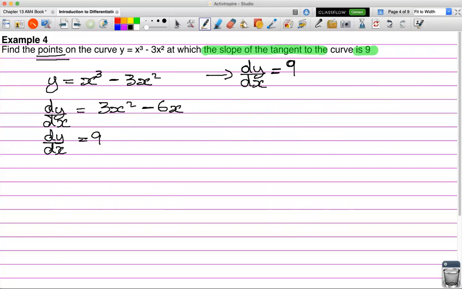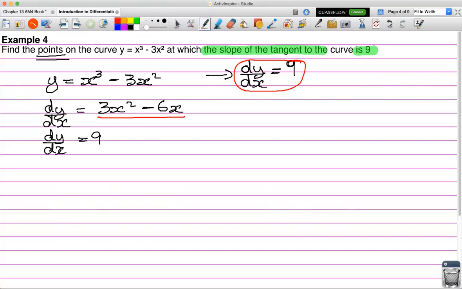How do we know that? Well, because we were told it over here. Dy dx is equal to 9. We also know dy dx is equal to 3x squared minus 6x. So we know from junior cert, if two items are equal, then what they're equal to are also equal.